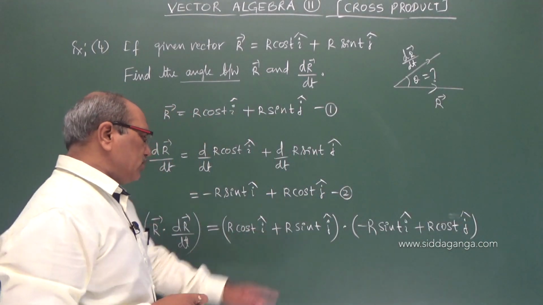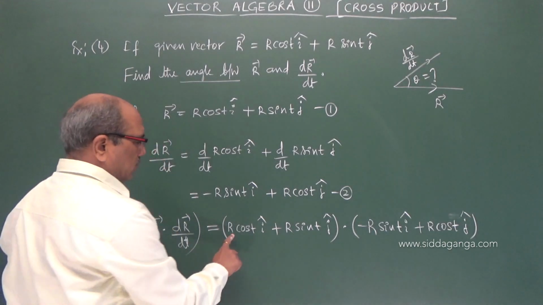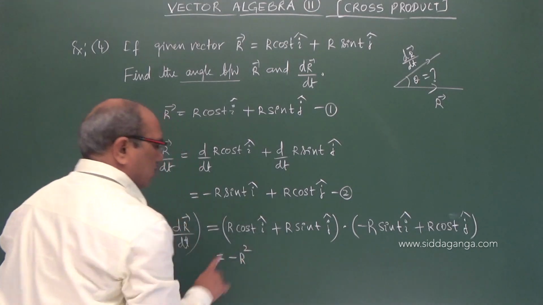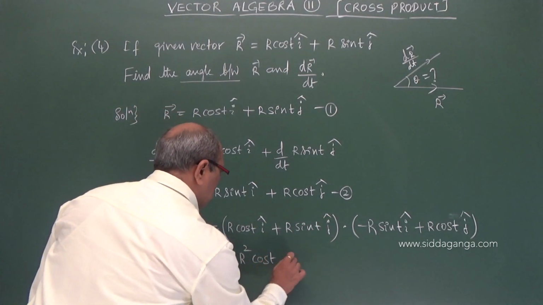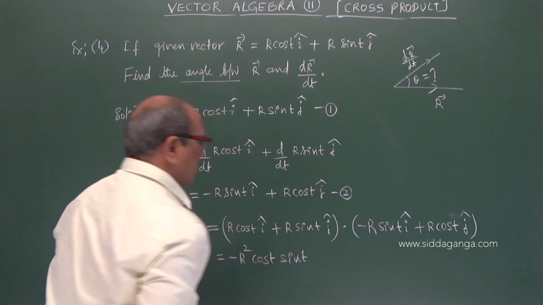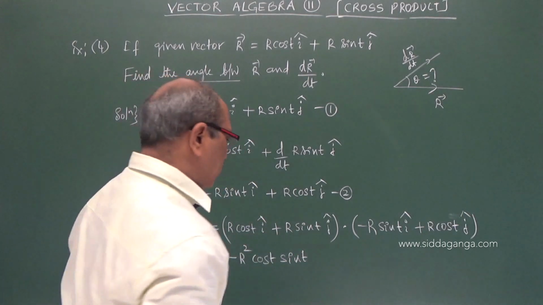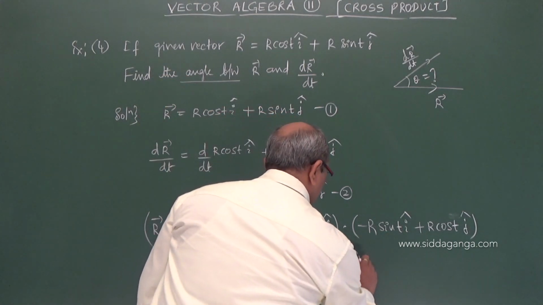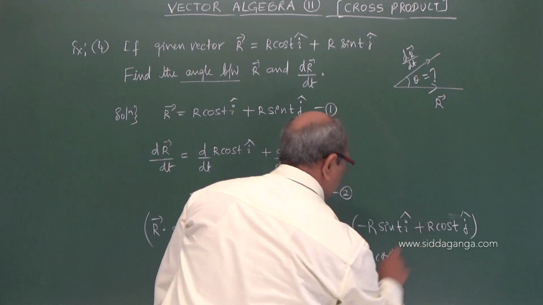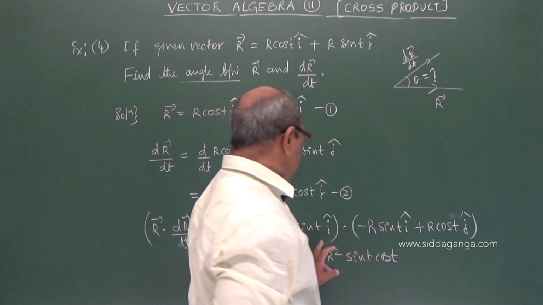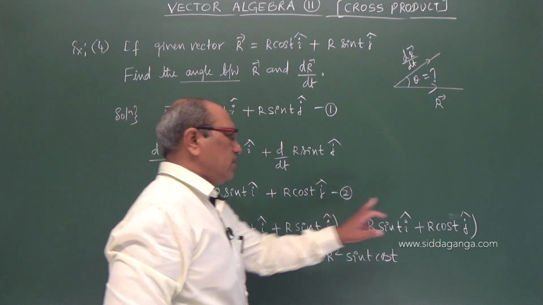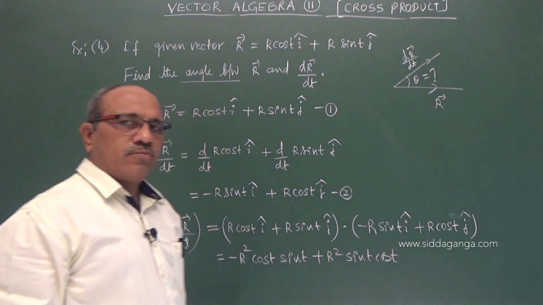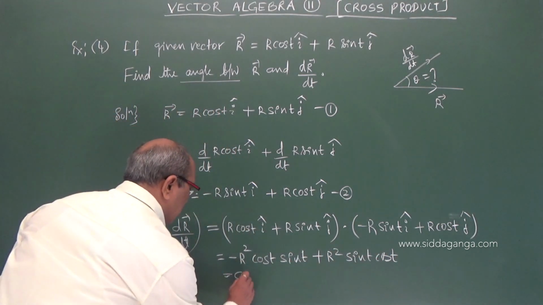You know only i to i exists, therefore this becomes minus R cos t sin t, R into R, R square cos t sin t. I into I is 1, plus again R square sin t into cos t, because j to j is 1. R square sin t cos t, R square sin t cos t, mutually cancelled and the answer is 0.